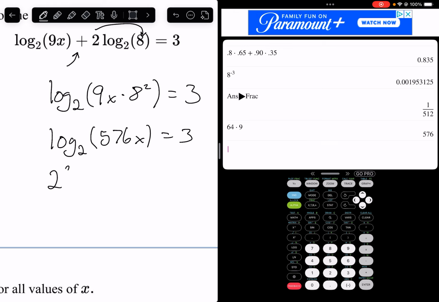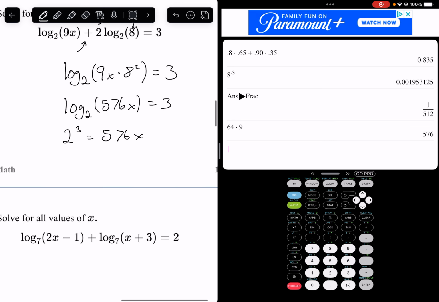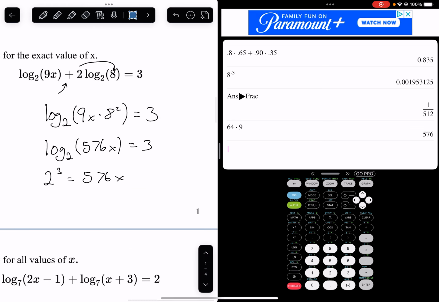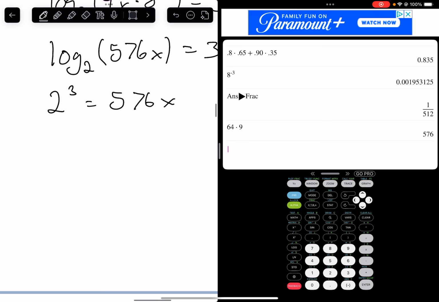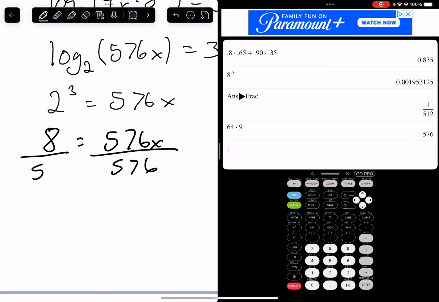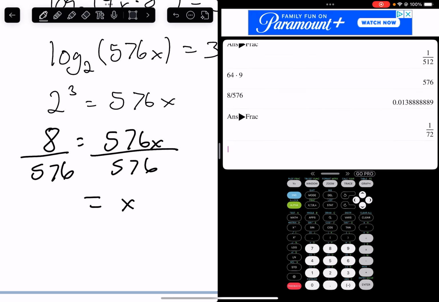So we get 2 to the power of 3 gives us 576x. 2 to the third gives us 8, so we've got 8 equals 576x. We divide by 576. 8 divided by 576, math, enter, and that gives me 1 over 72.